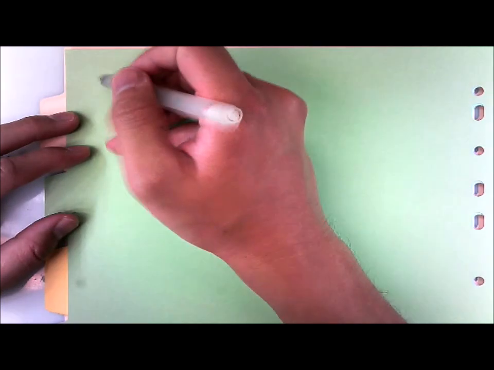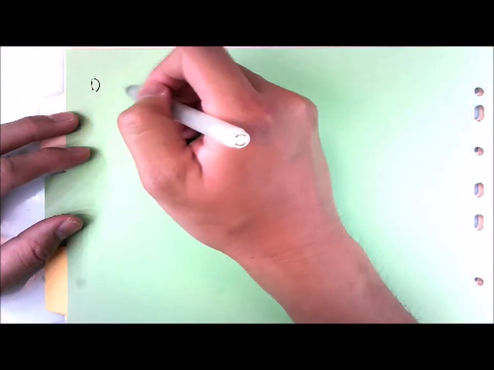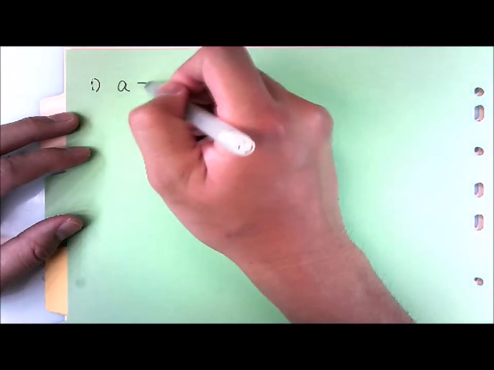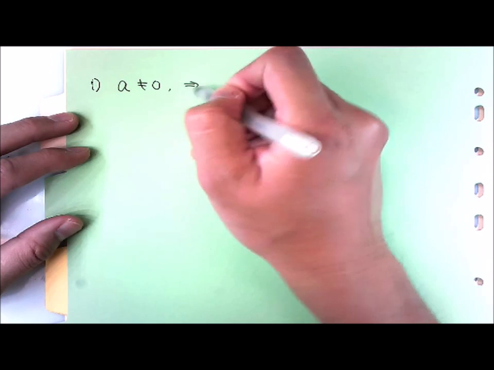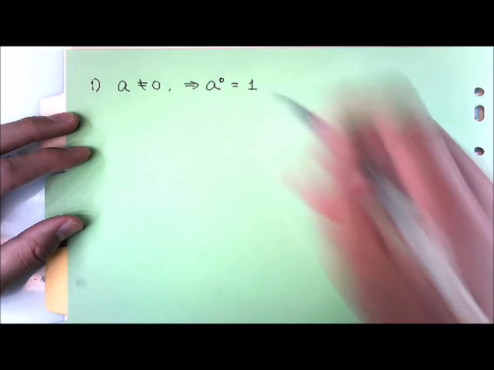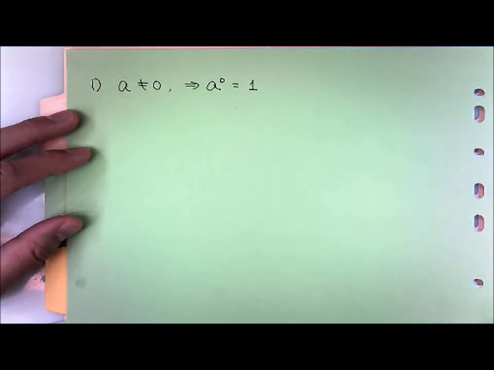learn the zero index. Zero index means the first formula: if a is not equal to 0, then a to the power 0 must be equal to 1. Understand? So we extend this.